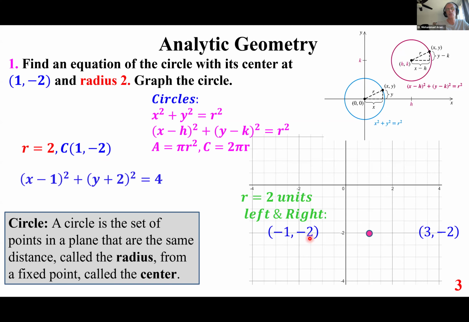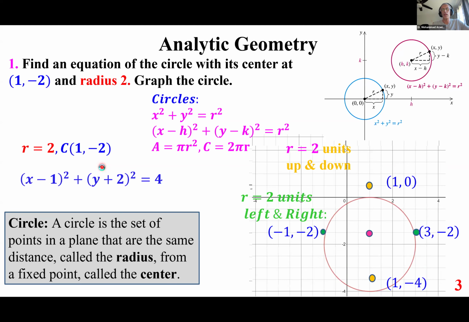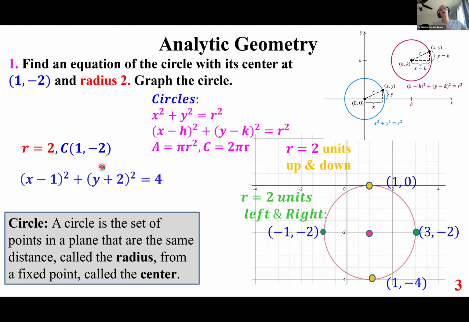So we have (-1, -2) and (3, -2). Going back to the center, we want to go up and down by 2 units. Going up, the y coordinate becomes 0, down becomes -4. And you connect. And there you have it.